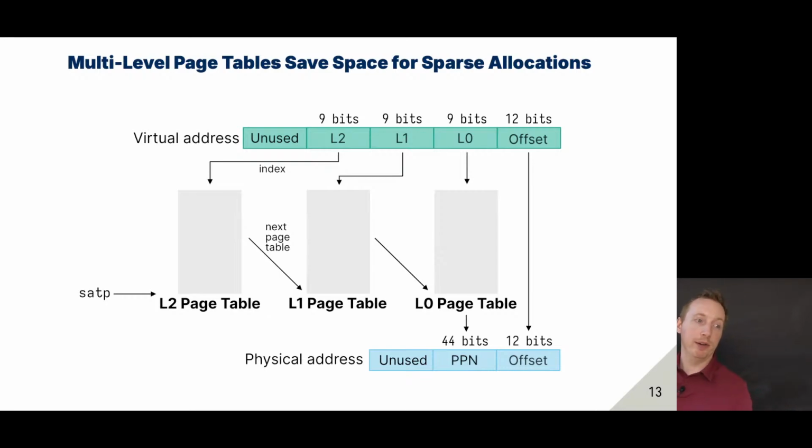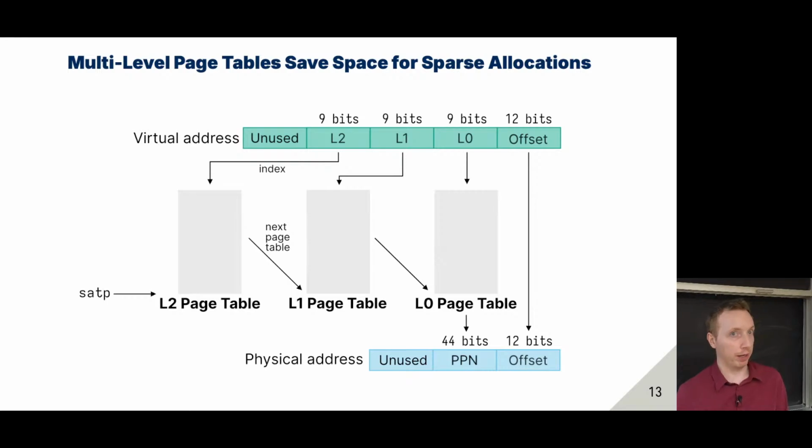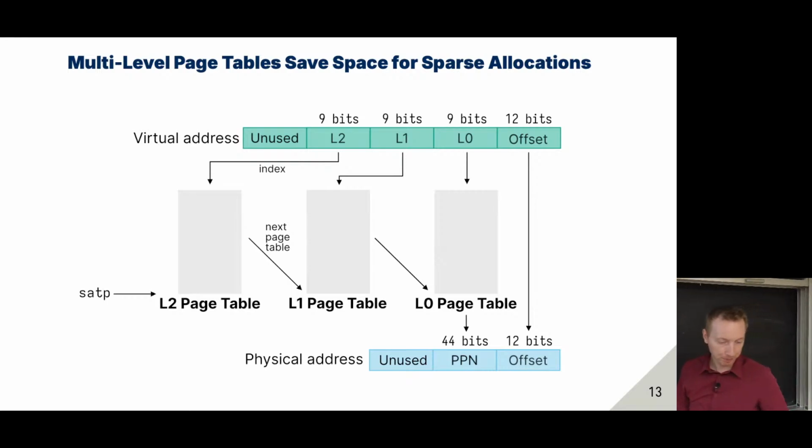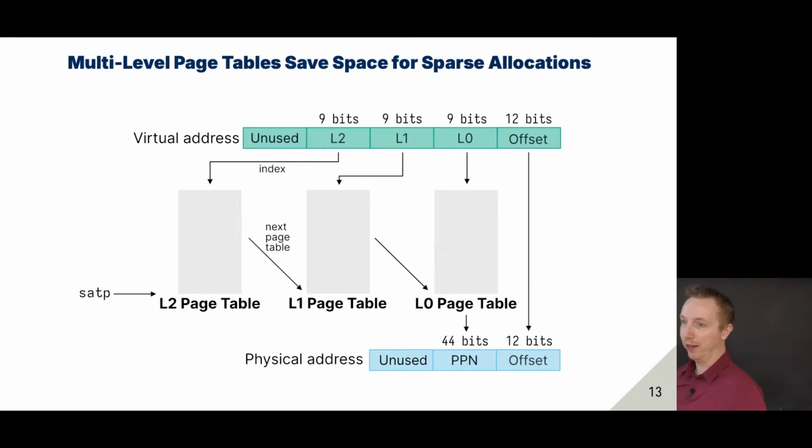To translate a single address in this case, I have to access the entry in the L2 page table, then look up what entry I need to access in the L1, then access what entry I need to access in the L0, and then I finally get the address I was looking for. So I turn like 1 memory access into 4 using this, which is really, really slow. If I added another level, that's just another memory access, and I turn it into 5 now. All right, any quick questions about this, our favorite thing?